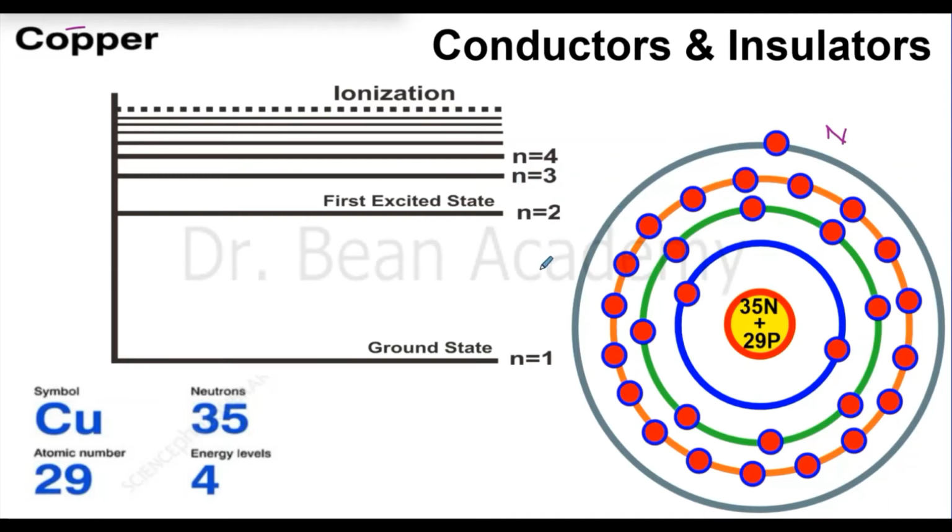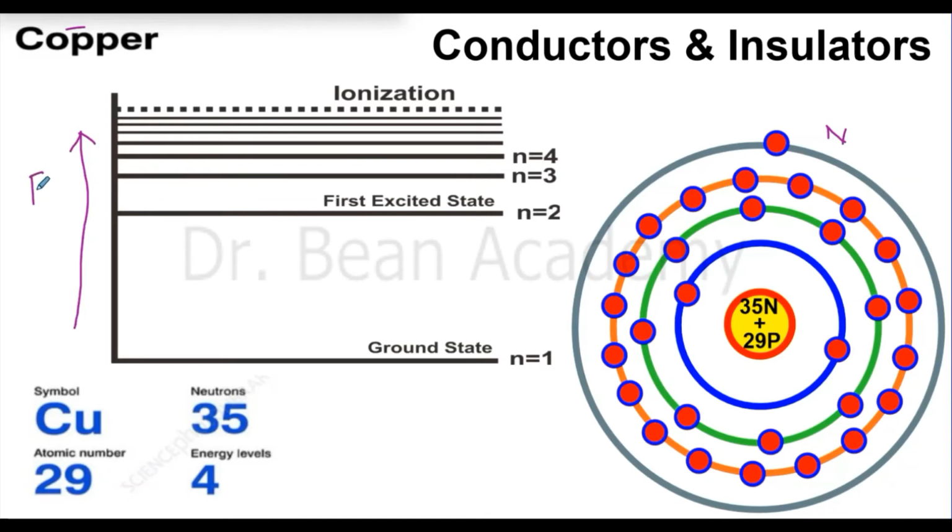And I want you to consider the energy level diagram, because we will talk later in terms of energy levels and then some bands. It will be easier at that time to understand if we know what these energy levels are. So we represent energy as increasing.